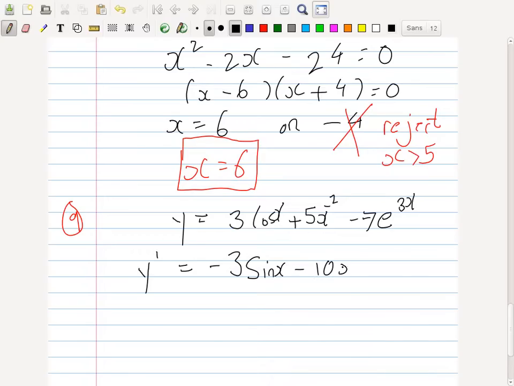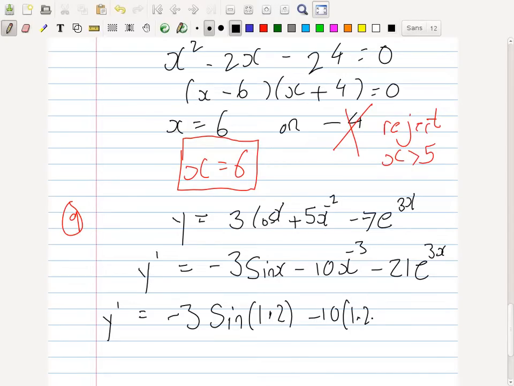So y derivative is minus 3 sine x minus 10x minus 3 minus 21e to the power 3x. The powers came down and the cos becomes the sine, with the minus sign. Now they tell you x is 1.2. So y derivative will equal minus 3 sine 1.2 minus 10 times 1.2 minus 3 minus 21e to the power 3.6.